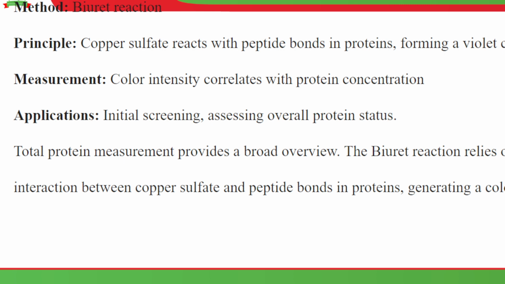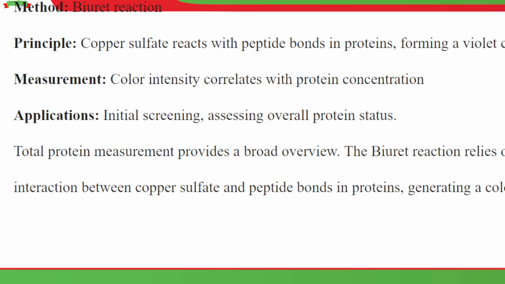So how is this applied? You apply it in initial screening and also in overall protein status. If you want to find out how much protein is in your body, or whether you're getting deficient, you can use this Biuret reaction that uses copper sulfate to give you an insight into your protein levels.